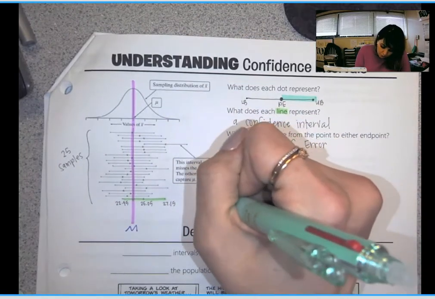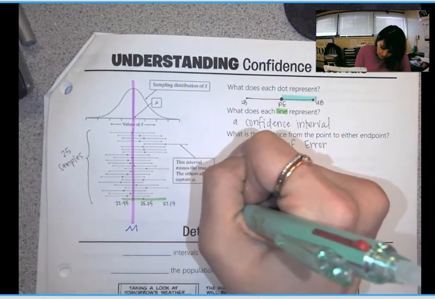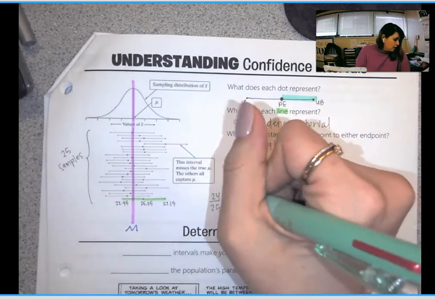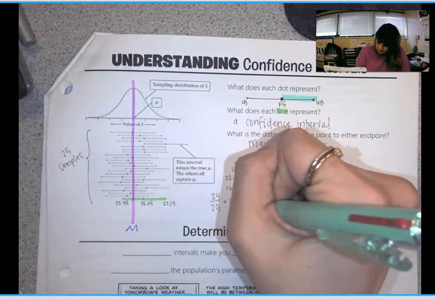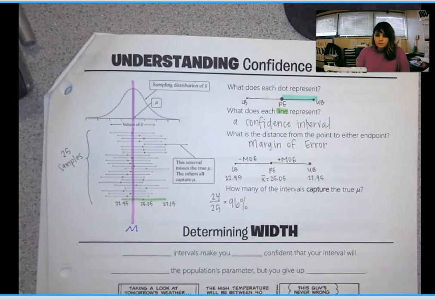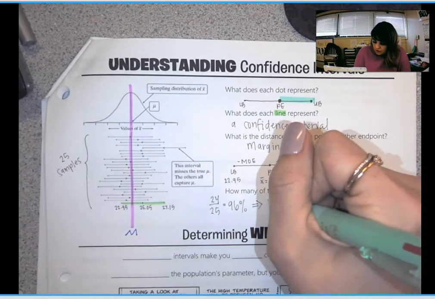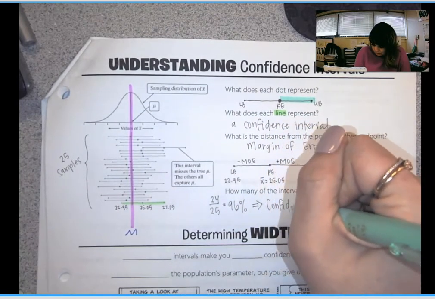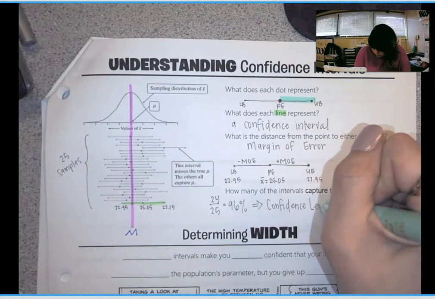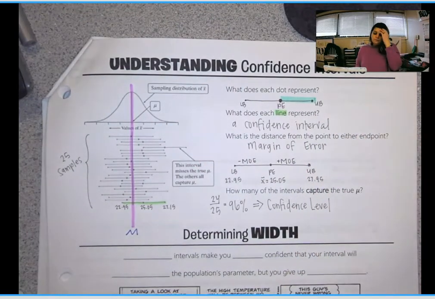So 24 out of the 25 equals 96%. This now is our confidence level. 96% is our confidence level. 96% of our confidence intervals captured the true mean.